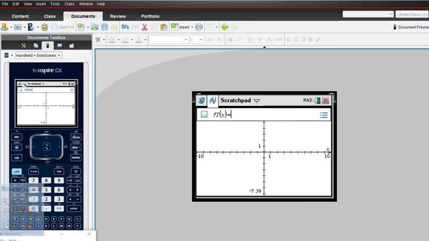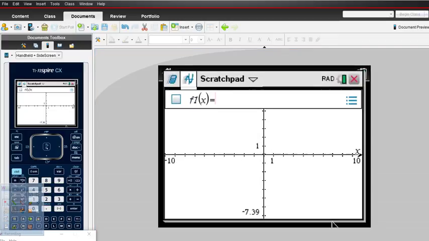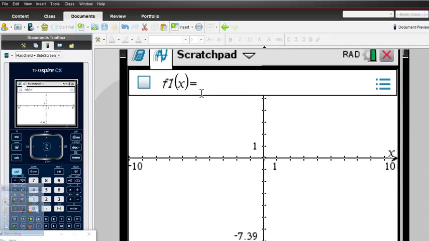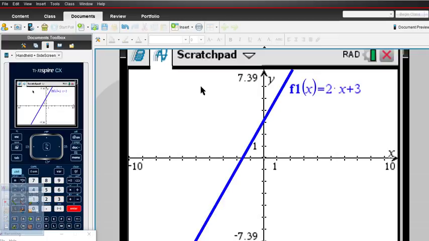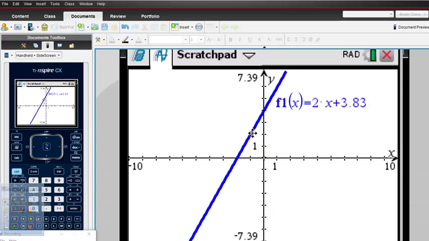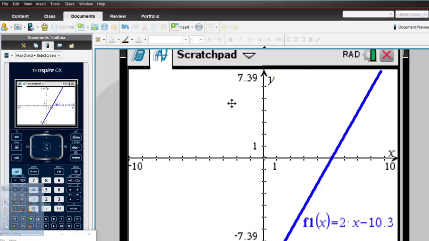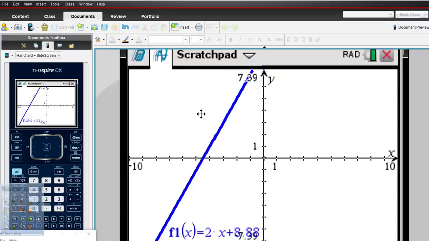Here, let's go ahead and zoom in on this so we can all see that. So we're going to look for 2x plus 3, and then we're going to put our cursor right over it until we get our D-pad insignia. And whenever we move our cursor around now, it's kind of attached to it.